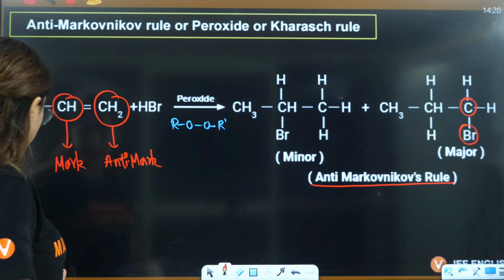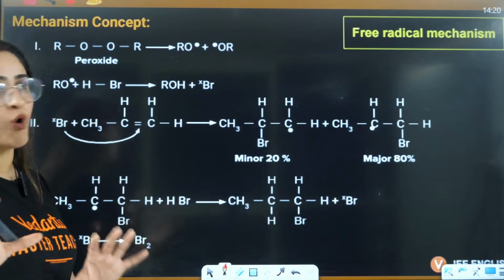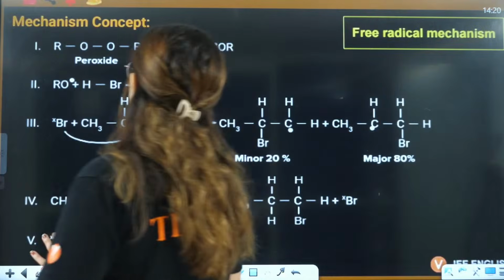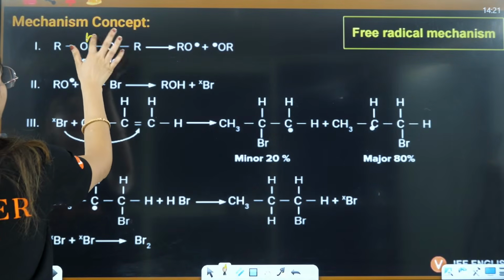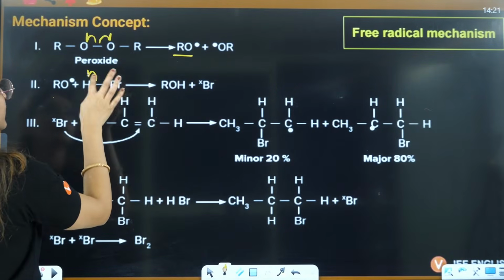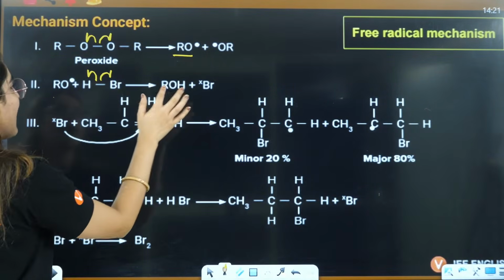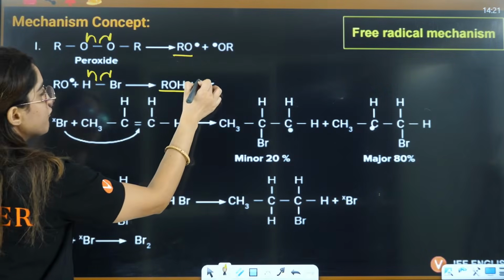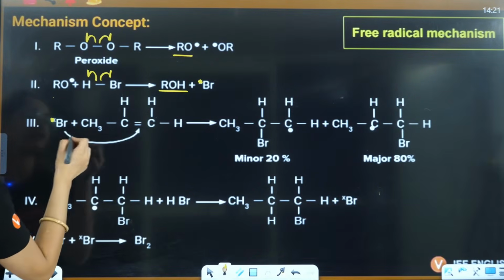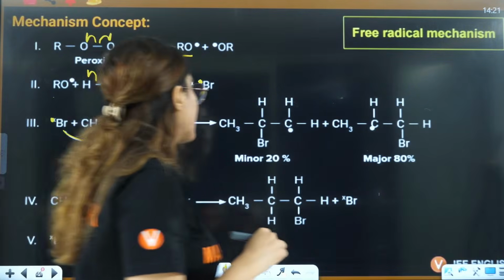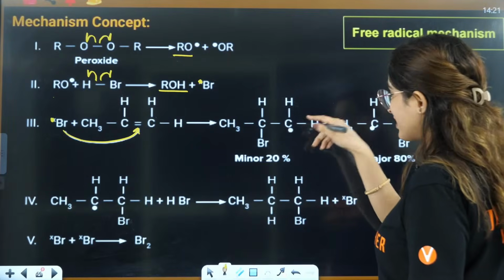So basically why does this happen? Because it follows a free radical mechanism. This mechanism is not important for you, you can just go through it. Firstly the peroxide will break and give the formation of RO free radical. Then homolytic cleavage will give you ROH, this RO free radical and H free radical, and here you will have elimination of one Br free radical. This Br free radical will attack the pi bond, and hence it will give a further free radical here.